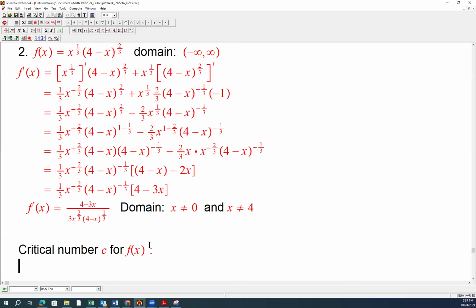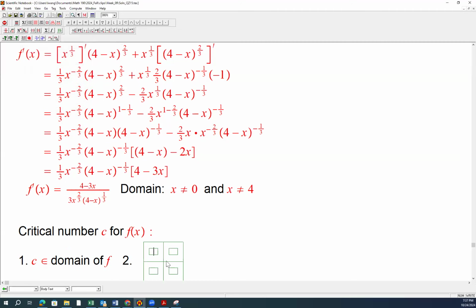There are two conditions. Number one, c is in the domain of f. Secondly, there are two cases.